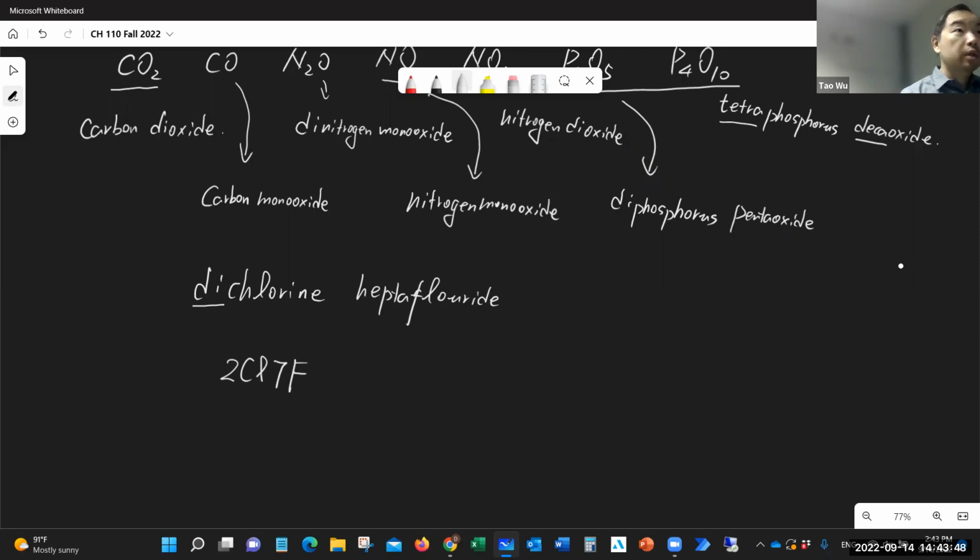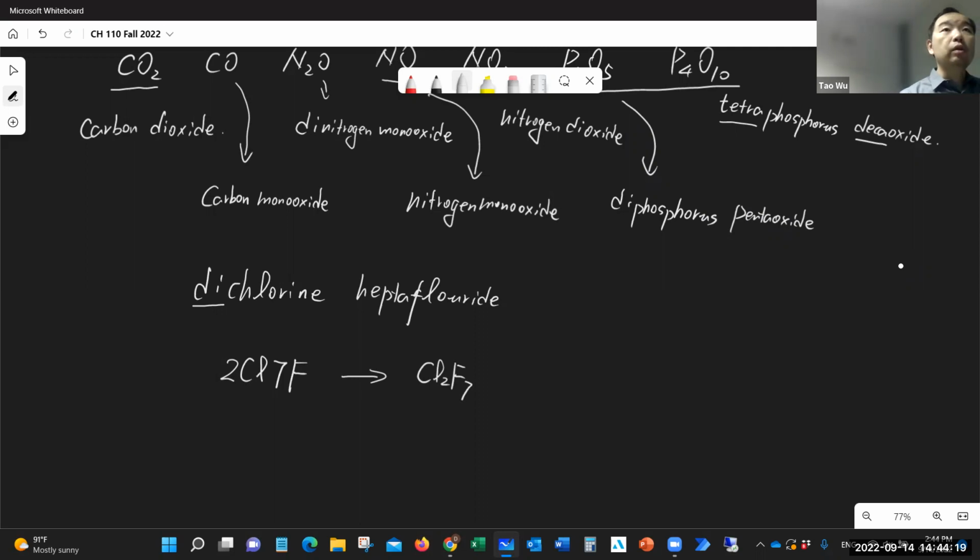Obviously, this is not right. In a formula, we never write a number in front of the elements. The number of each element in the whole molecule goes underneath, so you should write this as Cl2F7.